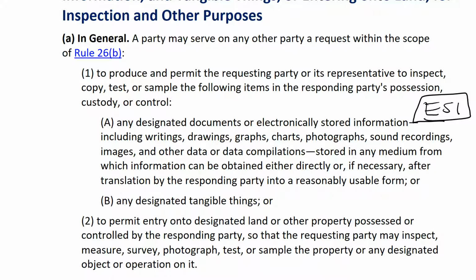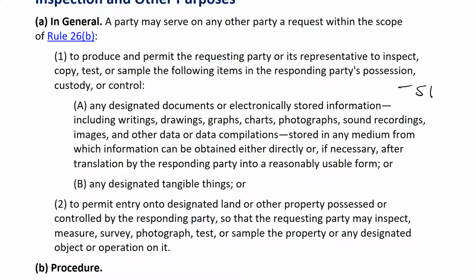It's also a document that can be printed onto paper or viewed on a screen or heard through a headphone. Anything that's information that's either viewable or indirectly translatable into some sort of perceptible form, right? But it's not just documents, whether physical or in electronic form.